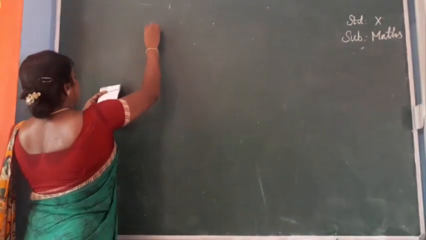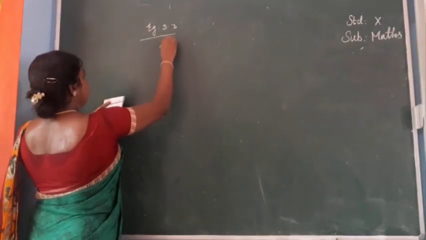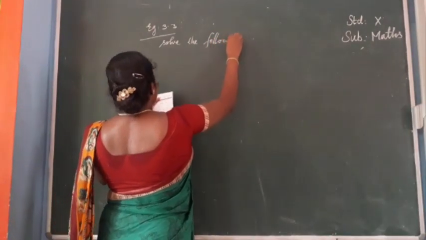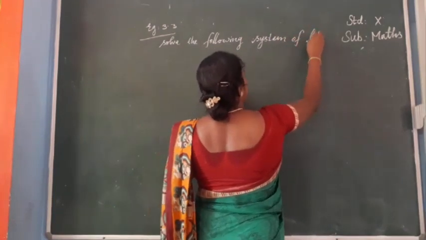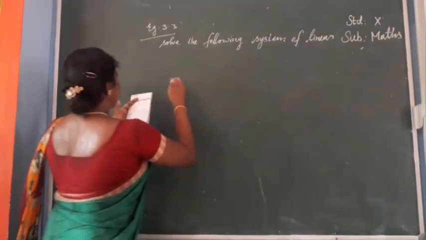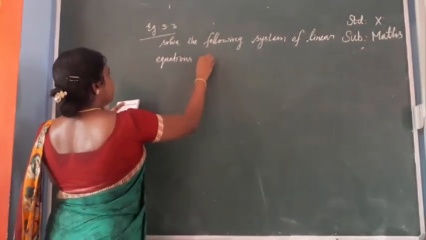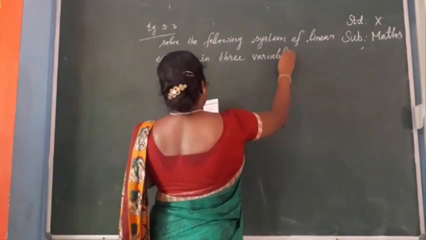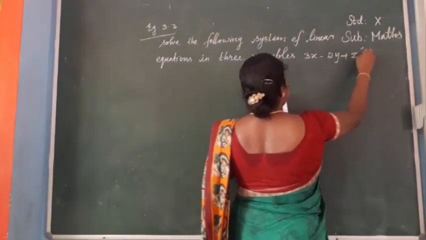Shall we see the next problem? So the next one is example 3.3. Solve the following system of linear equations in 3 variables. 3x minus 2y plus z equal to 2.